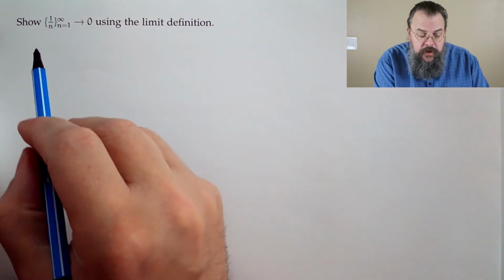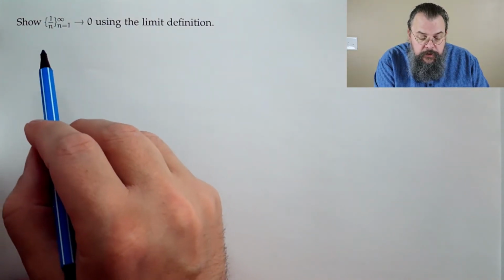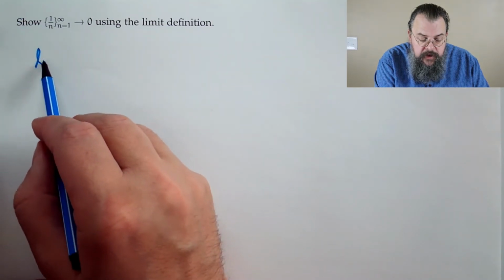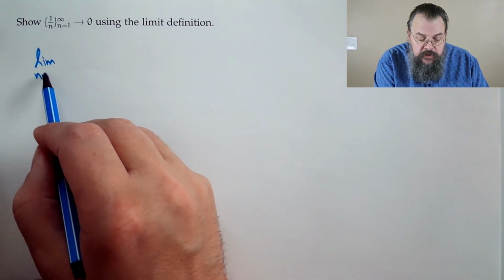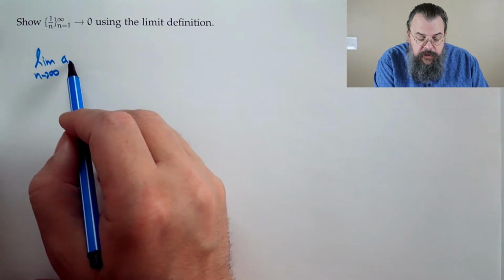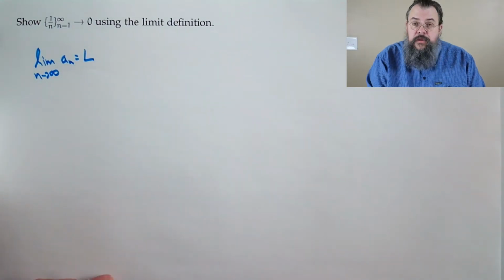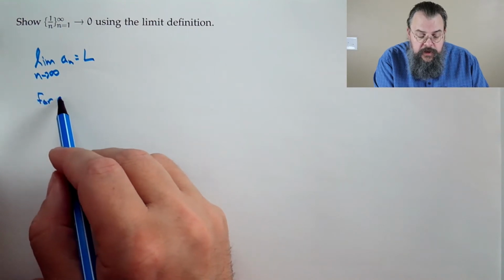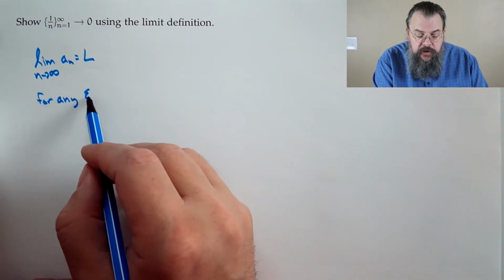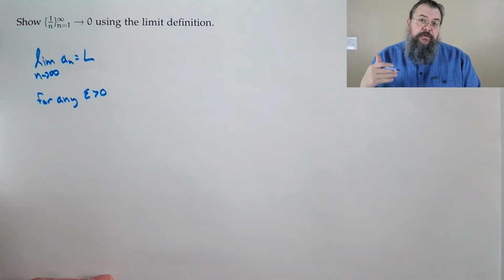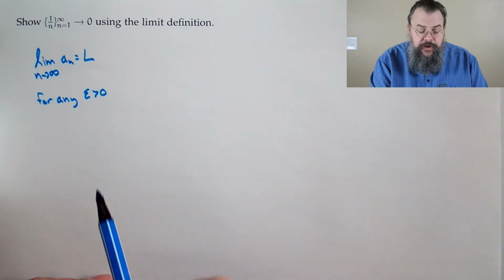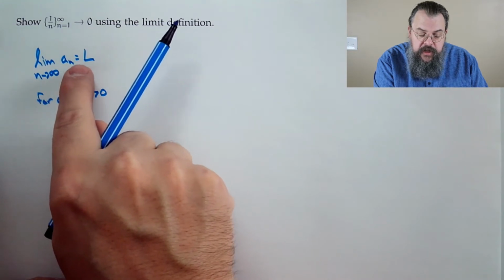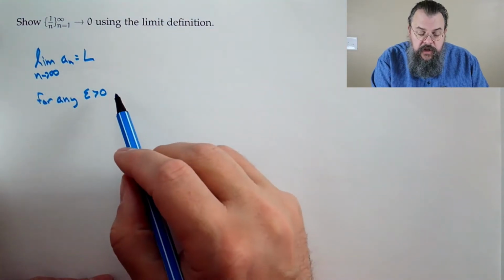Recall that the limit as n goes to infinity of a sub n equals L means that for any small epsilon, where epsilon is a measurement of closeness, keep that in mind, closeness between a sub n and L.